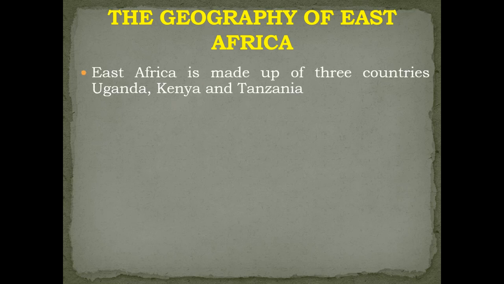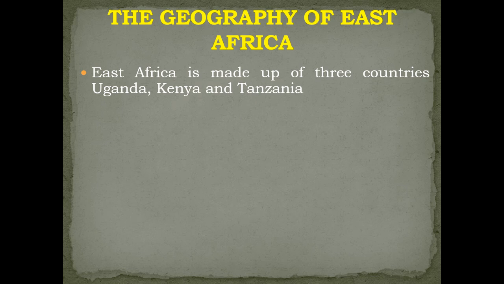East Africa as a region is found in the eastern part of Africa as a continent. It is made up of 3 countries: Uganda, our homeland, Kenya, and Tanzania. The 3 countries make up the traditional part of East Africa.